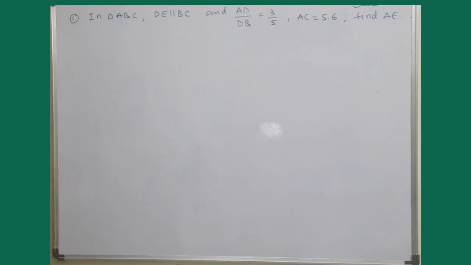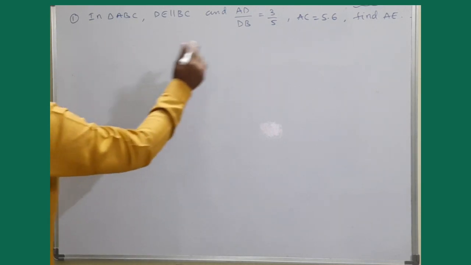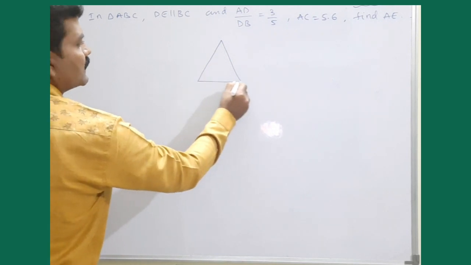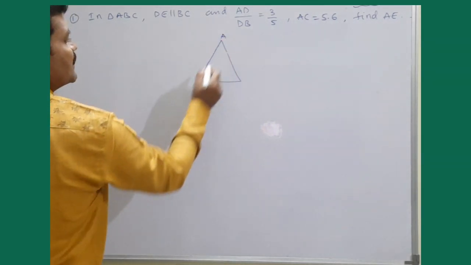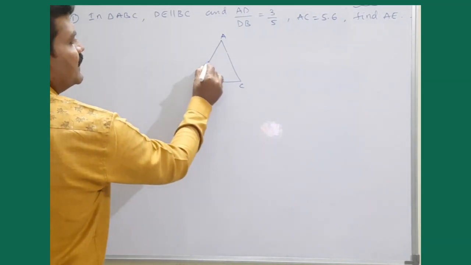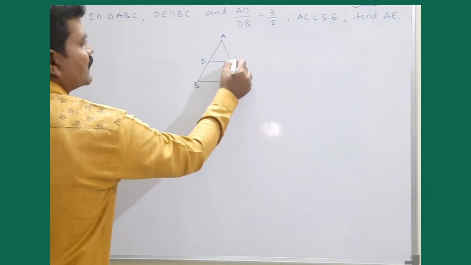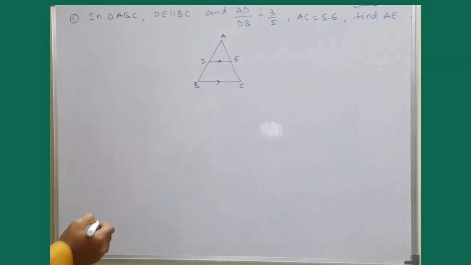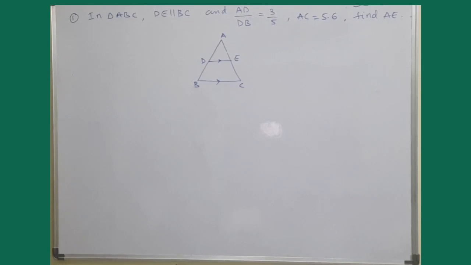Okay. See, better to draw a triangle. In triangle ABC, DE is parallel to BC. So what can we use? BPT or converse of BPT?